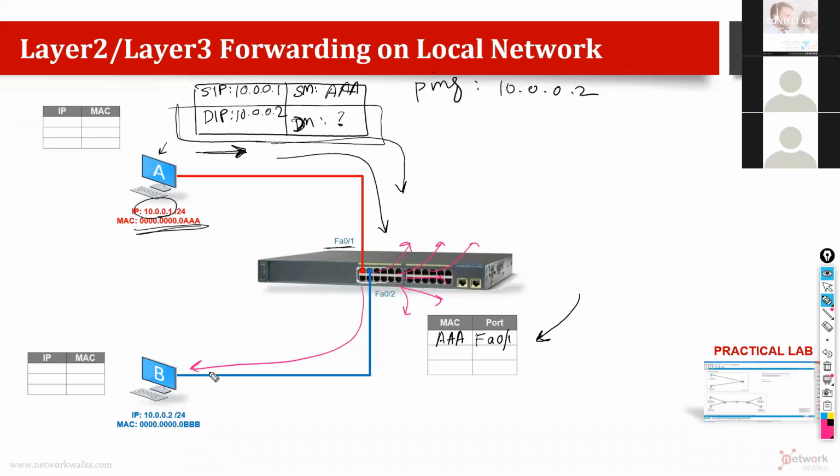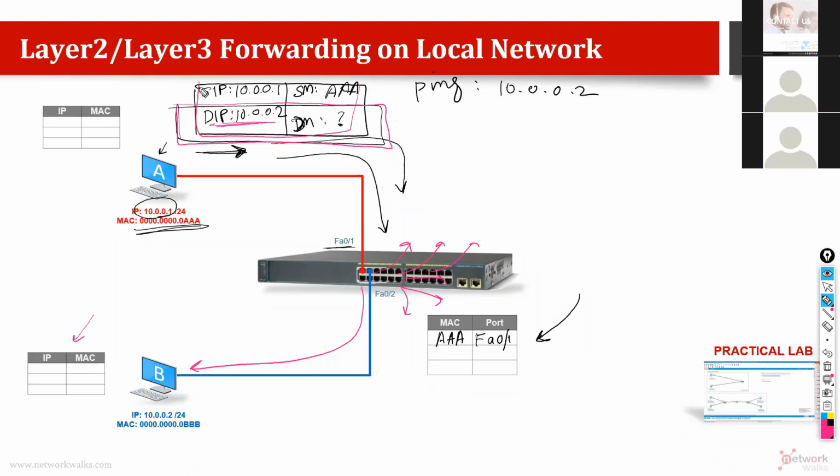The switch is asking, please tell me the destination MAC address of a device which has an IP of 10.0.0.2. Computer B will say, I can help you, but let me help myself first because I am also hungry. My table is also empty. So in its own table, B will write useful information.